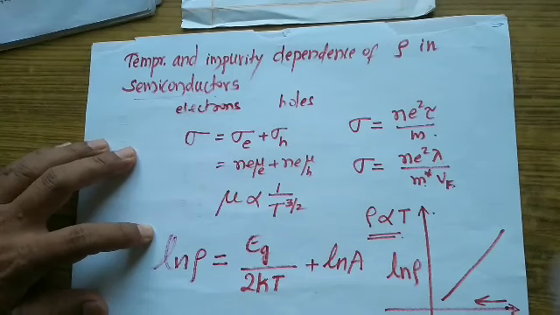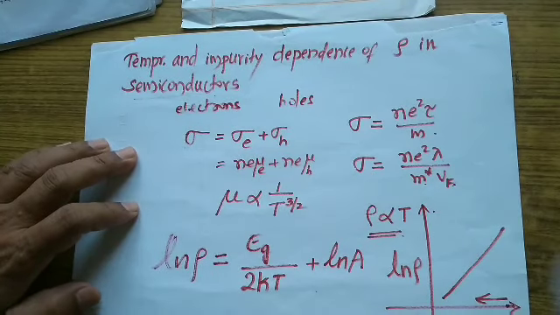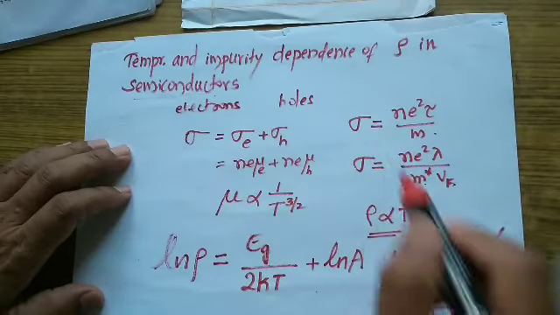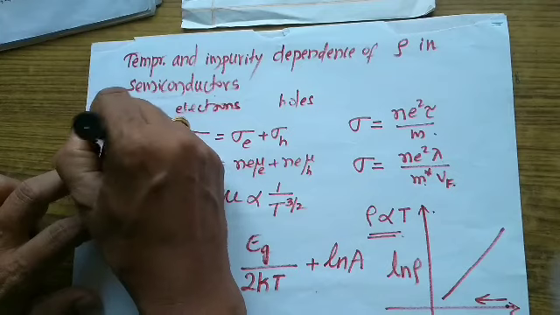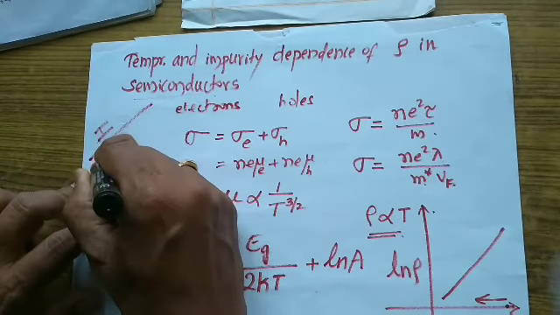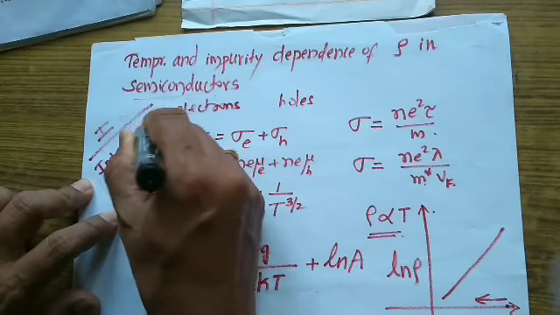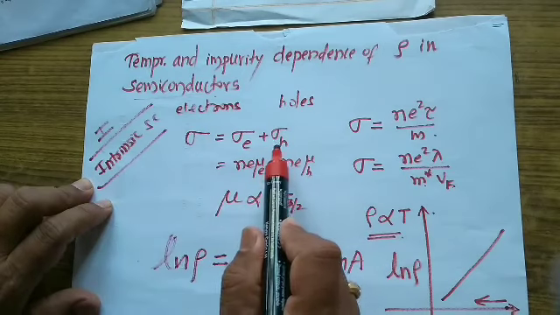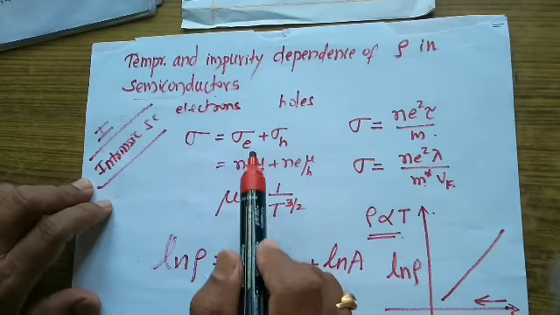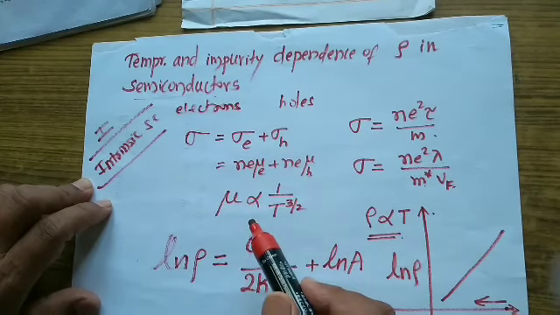The reason is that in a semiconductor, especially in the intrinsic semiconductor, which I am speaking about here, the number of holes and the number of electrons is equal.